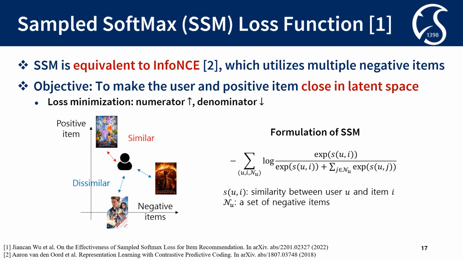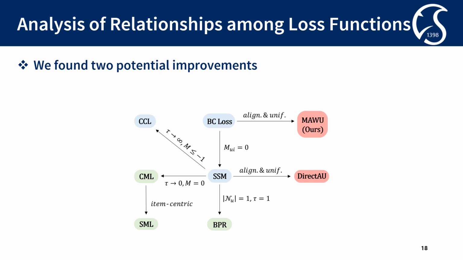Specifically, the SSM loss function makes positive pairs closer together by making the numerator larger, and negative pairs farther apart by making the denominator smaller. From this relationship diagram, we found two additional improvement points.